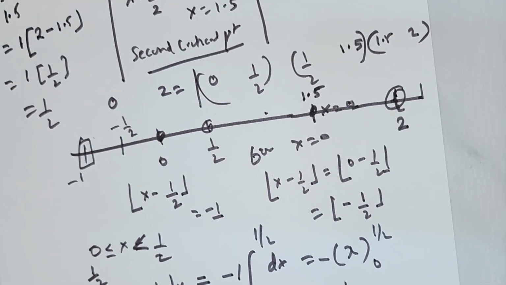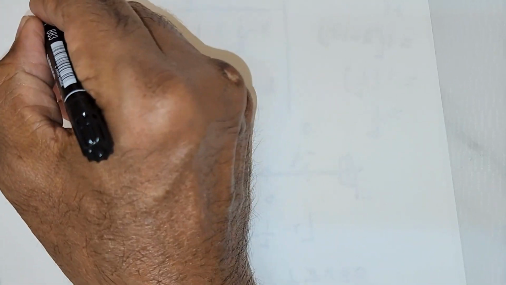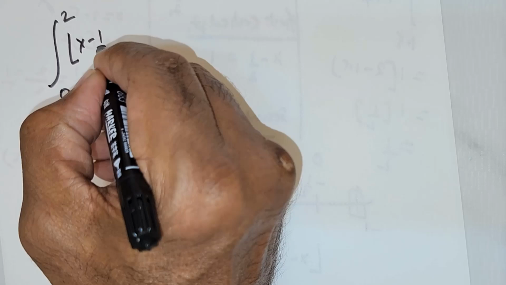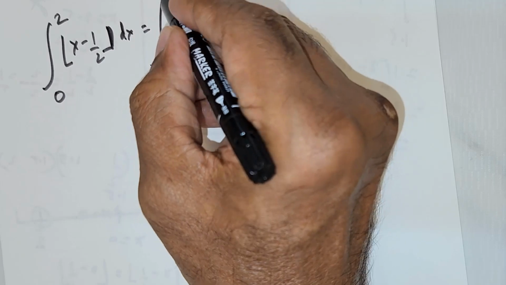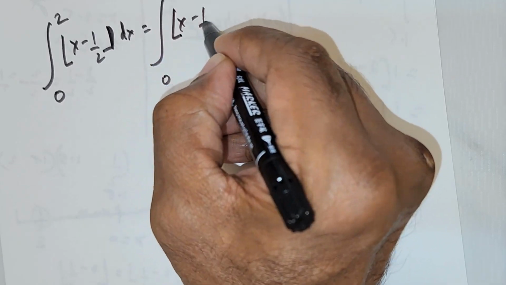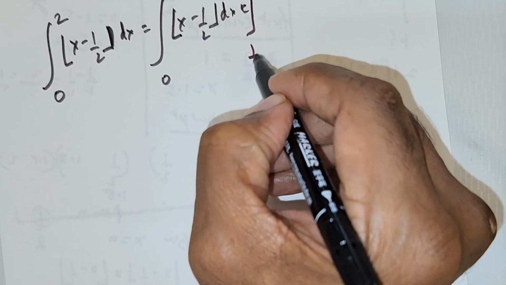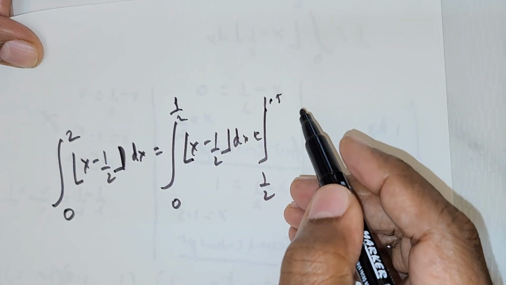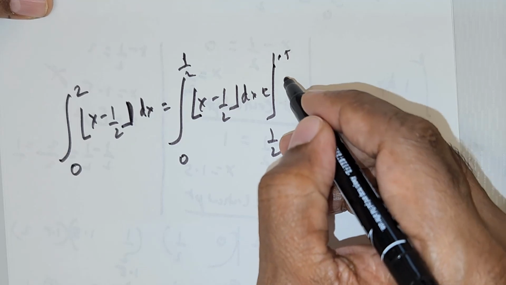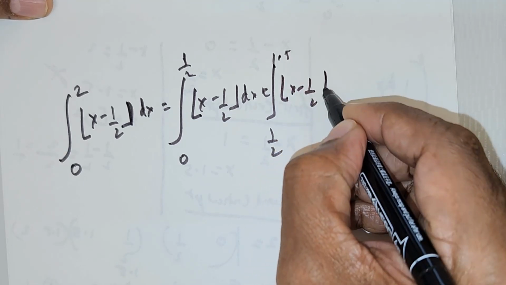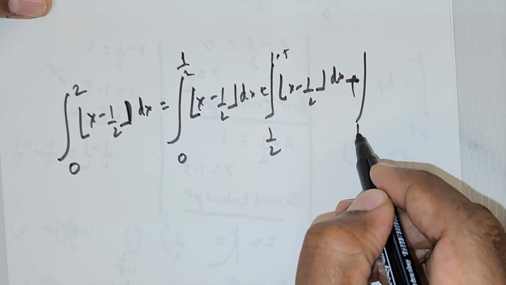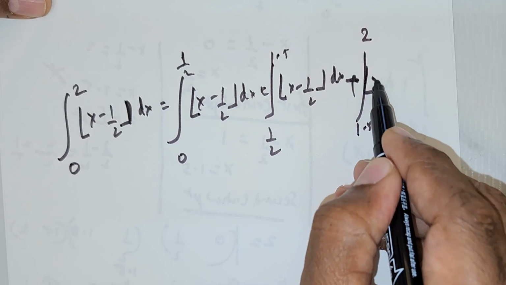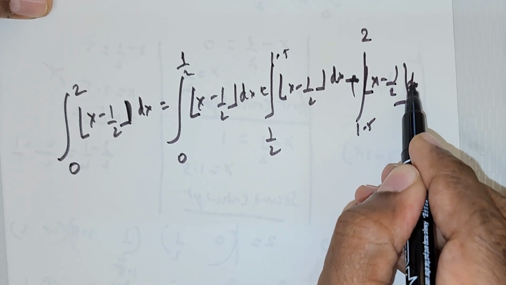So now if I add all of this, the integral from 0 to 2 of the floor of x minus 1 over 2, we split as the integral from 0 to 1 over 2 of the floor of x minus 1 over 2 dx, plus 1 over 2 to 1.5 of the floor of x minus 1 over 2 dx, plus 1.5 to 2 of the floor of x minus 1 over 2 dx.